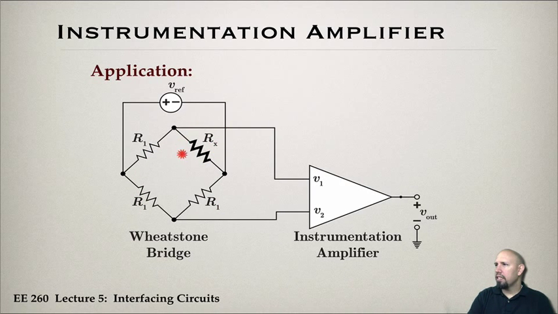Now, what happens is this resistor is actually some kind of a sensor device. For example, it could be a strain gauge or some other resistive type device. It could be a photo sensor. And so that resistance can change based on some physical thing like strain. So you put strain on there and it changes the resistance value.